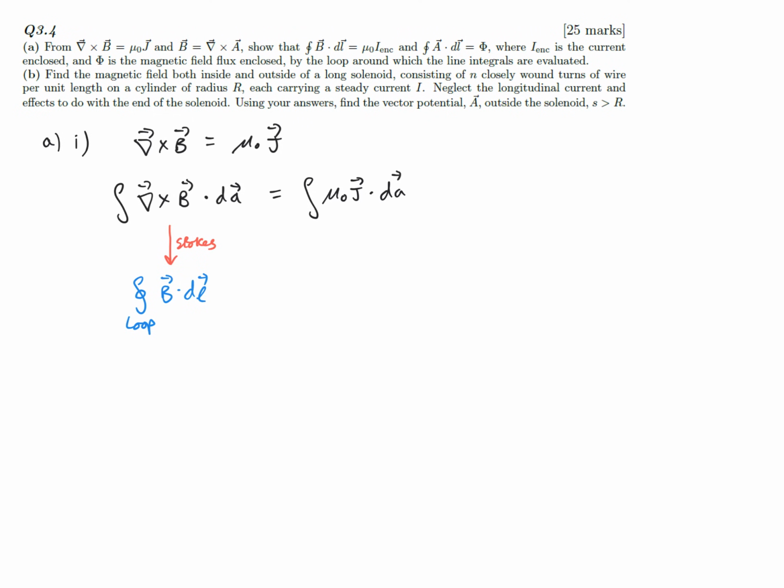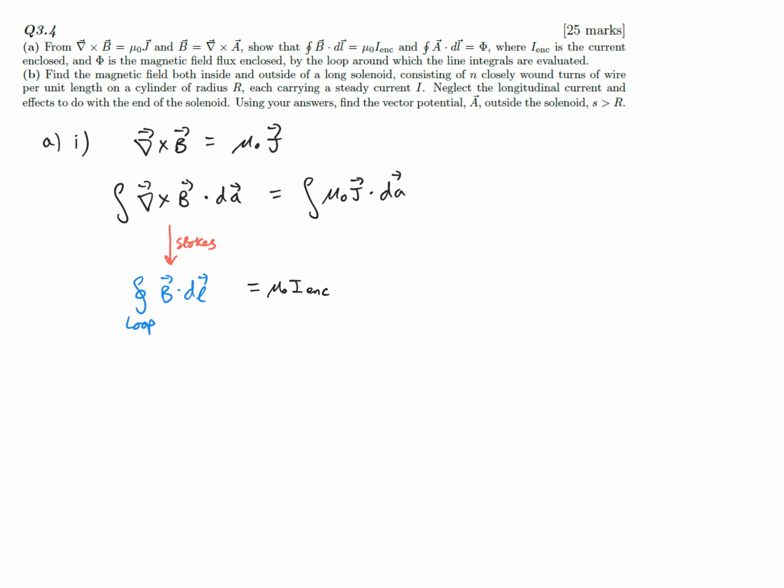So I need to do an area integral on the left-hand side. And of course that's very fortuitous because the area integral on the right-hand side, the area integral of the current density through a particular area, is of course the definition of the current passing through that cross-sectional area, which is of course in the end equal to mu naught times the current enclosed by the boundary loop.